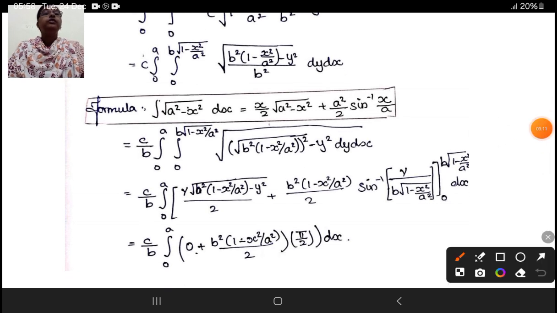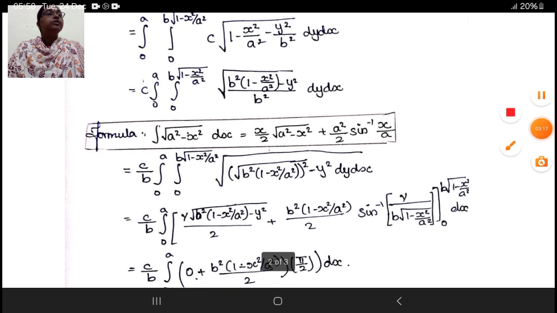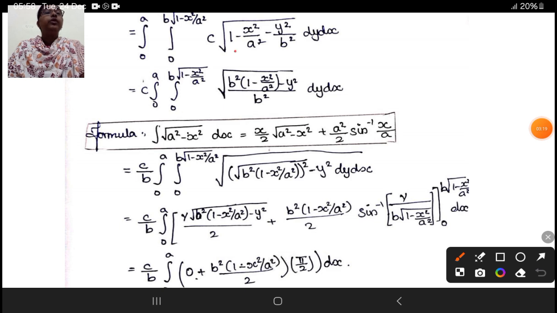For the integration with respect to y, in the term 1 minus x square, we consider the x term as a constant and this is the y term. So the integration is with respect to y, of the form a square minus y square. We do one rearrangement: take b square as a common term and rearrange as b square into 1 minus x square by a square minus y square divided by b square.